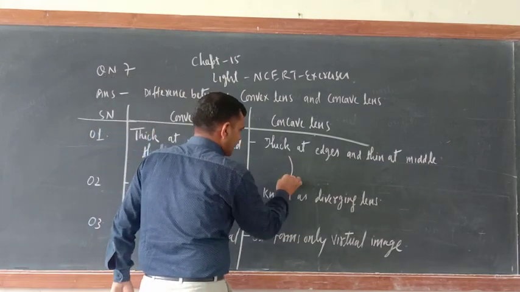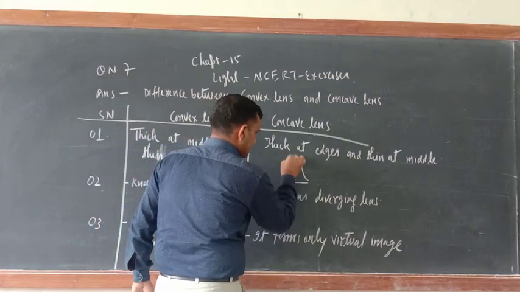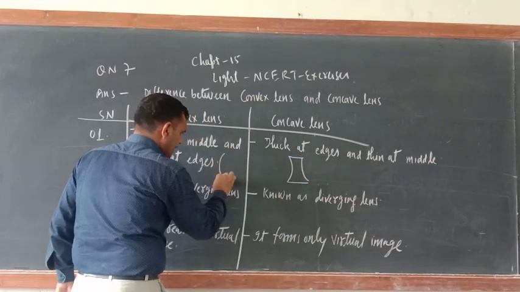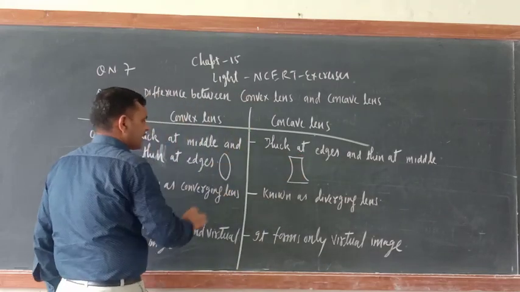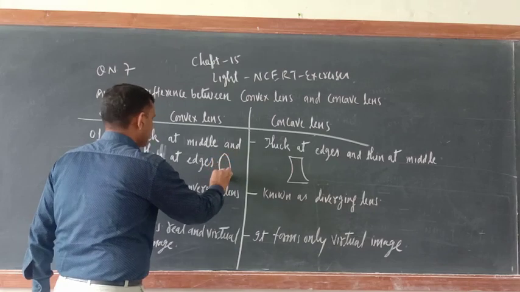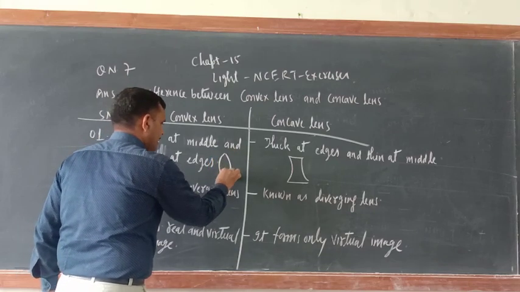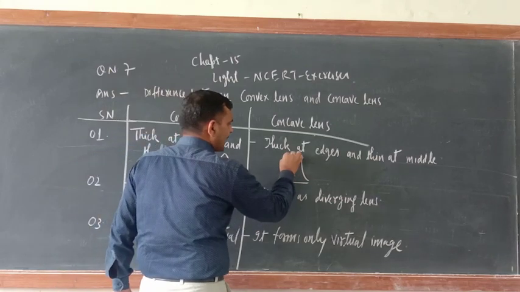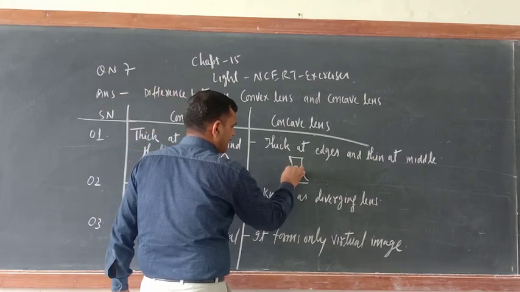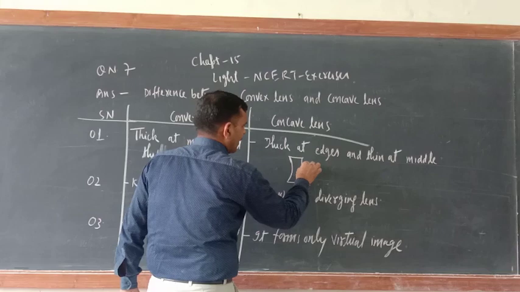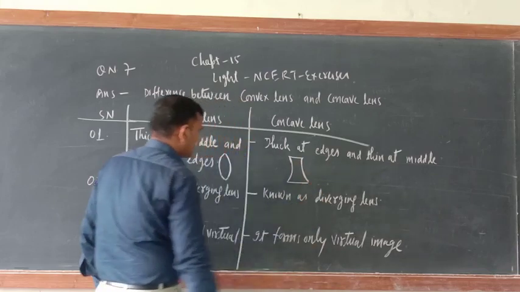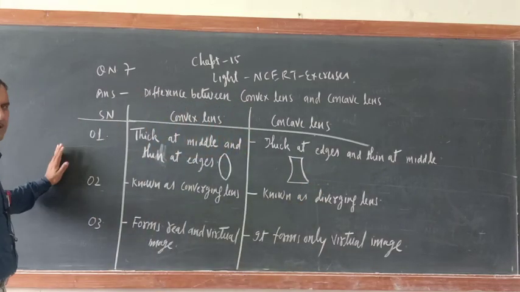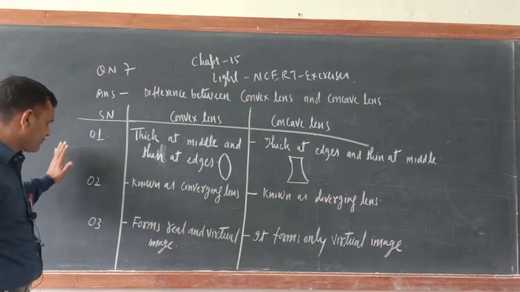This one is like that, and this one is like that. So this one is thick at middle and thin at edges, and this one is thick at edges and thin at middle. These are the first difference between convex lens and concave lens.